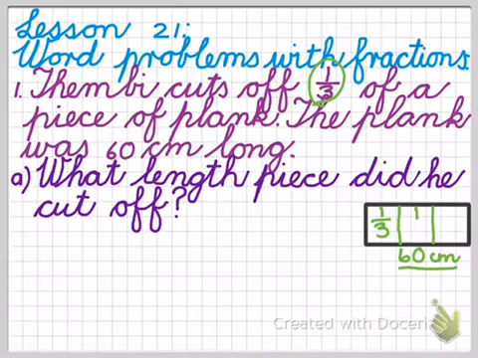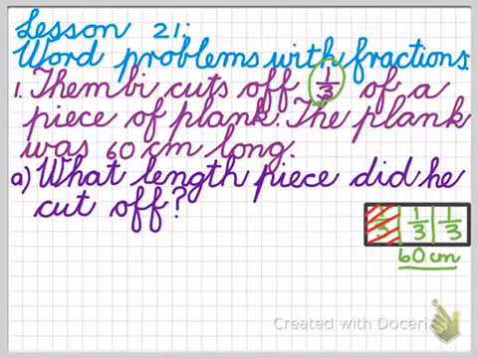Just so that we know what's going on, I'm going to write 1/3 on each of the pieces. But now I'm going to use another color to cross out the piece that he actually sawed off. There we go. He sawed off 1/3. And that's the piece that he sawed off.